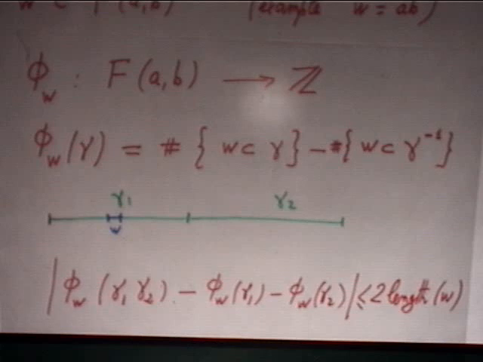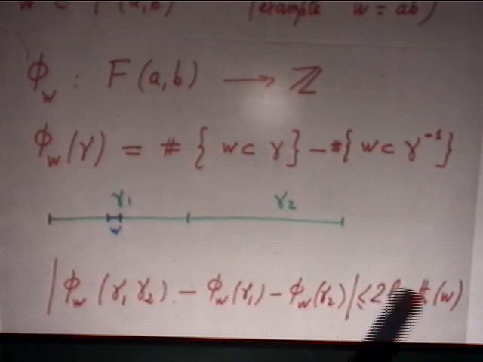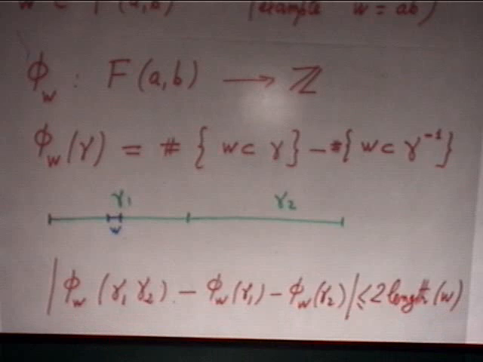And so if you think a little bit, this tells you that this map, phi W, is indeed a quasi-homomorphism with a constant equal to twice the length of W.